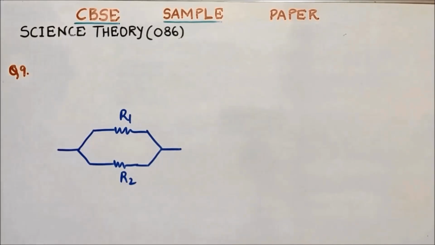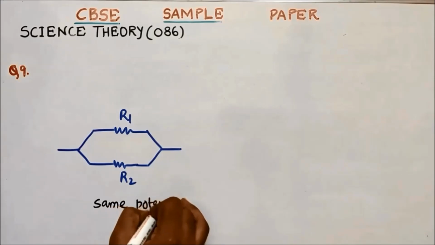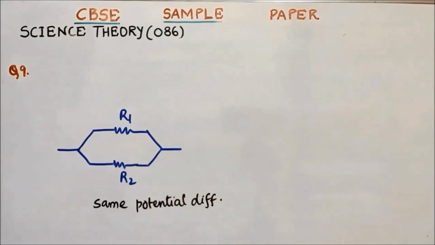So what is the property of parallel combination? The property of parallel combination is that the potential difference across each resistor remains the same. So this is the same potential difference. This is the answer you have to write in this question.